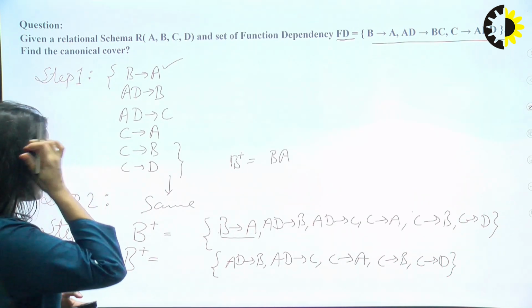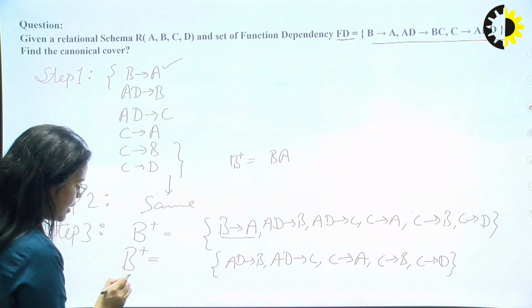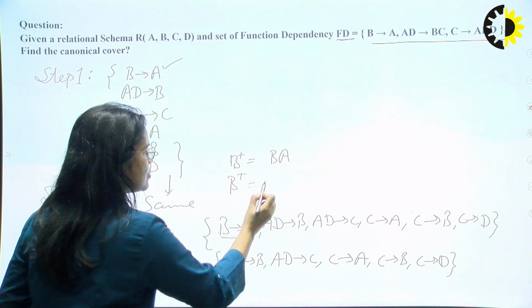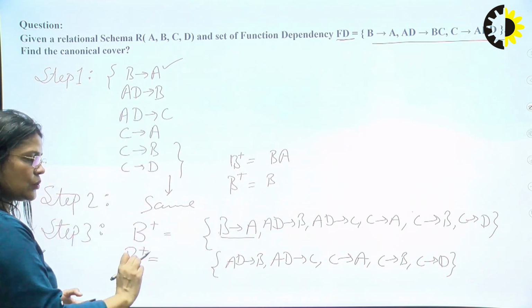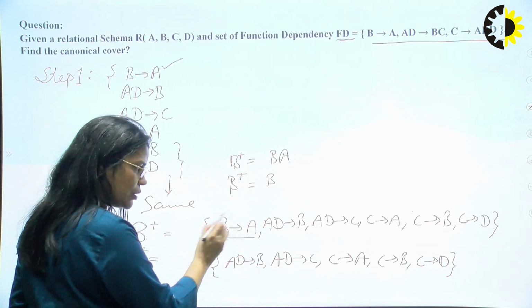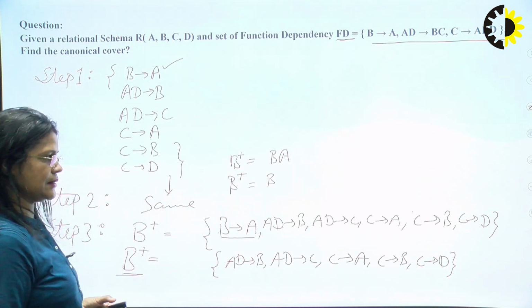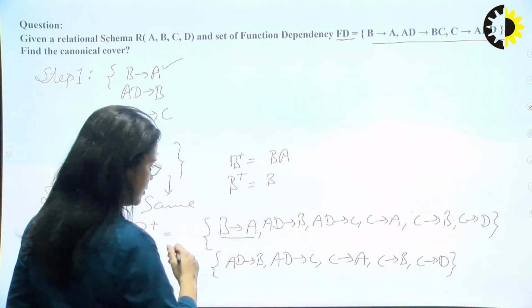Okay, and then we'll check the closure of B again. So, we are having B, we will write B here. We'll check the closure again by excluding this functional dependency, right? So, what will we be able to reduce here?